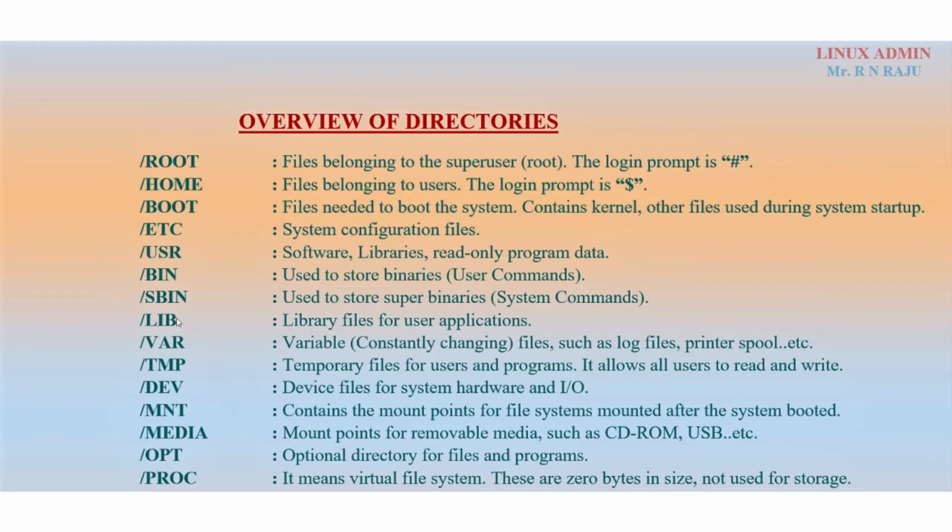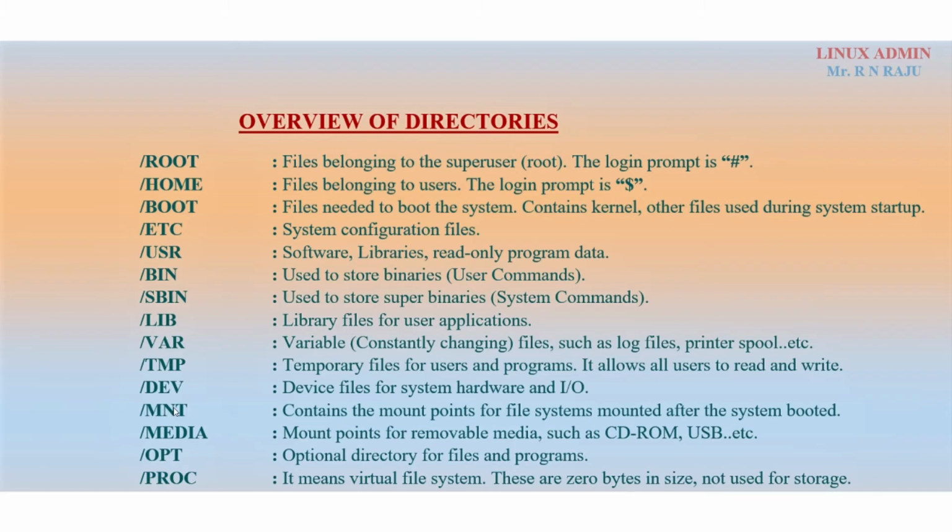Lib contains library information. Var is variable files such as log files, printing spool, mail accounts, constantly changing files information. Tmp maintains temporary files information. Dev is device files information.